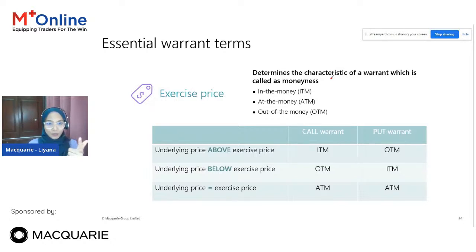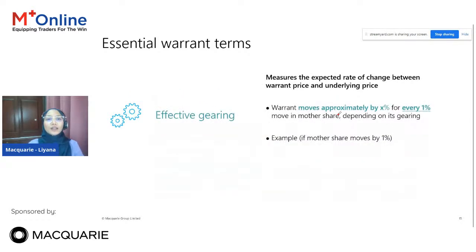Exercise price tu dekat sini dia menentukan sama ada warrant tersebut in the money, at the money, out of the money. Okay, yang ni saya takkan go into detail. Okay, this one nanti saya akan tunjuk dekat website. Okay, this is the very main point that we want to highlight pada malam ini, iaitu effective gearing. Okay, so effective gearing ni adalah kelebihan kenapa investor suka trade warrants.